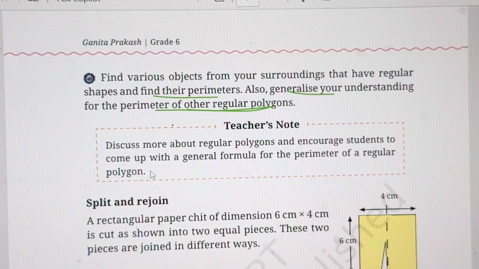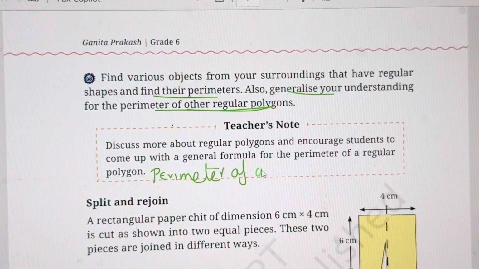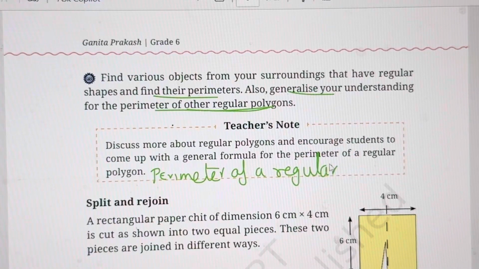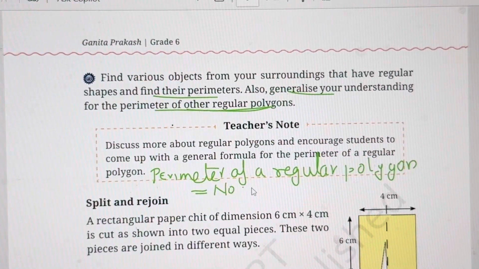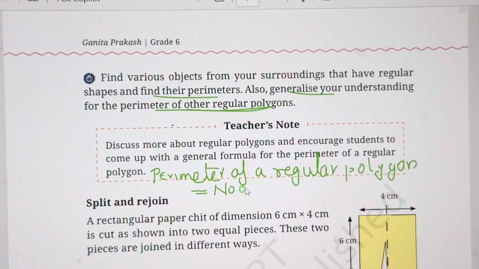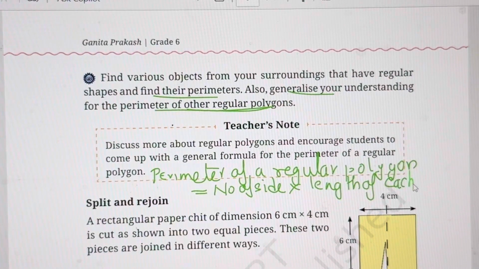So the perimeter of a regular polygon you can write as the number of sides multiplied by the length of each side, right? So if it is a pentagon, 5 into whatever is the length of the side. If it is a hexagon, 6 into whatever is the length of each side. Fine. So this is the general formula.